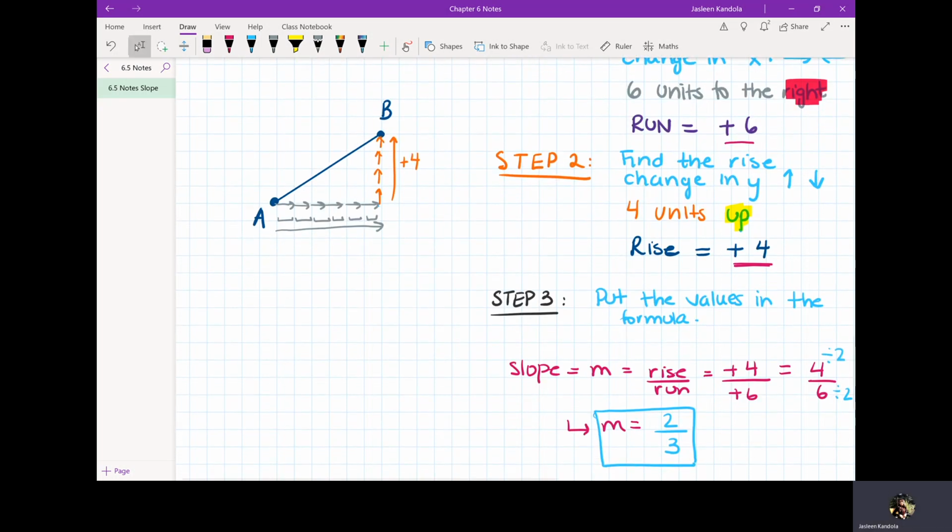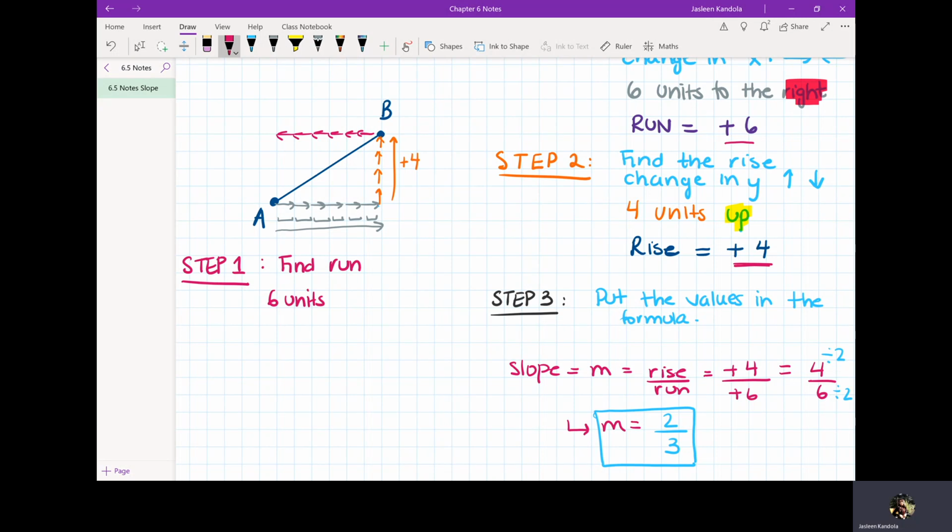All right, so step 1 would be, again, if I'm going this way, it means I need to find run. How many units do I go this way? Well, let's check. 1, 2, 3, 4, 5, 6. 6 units.